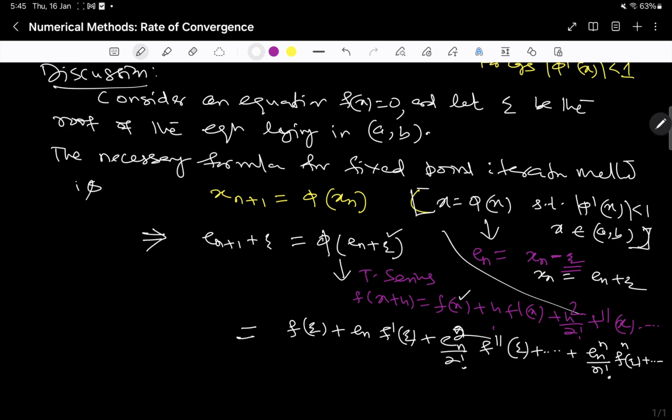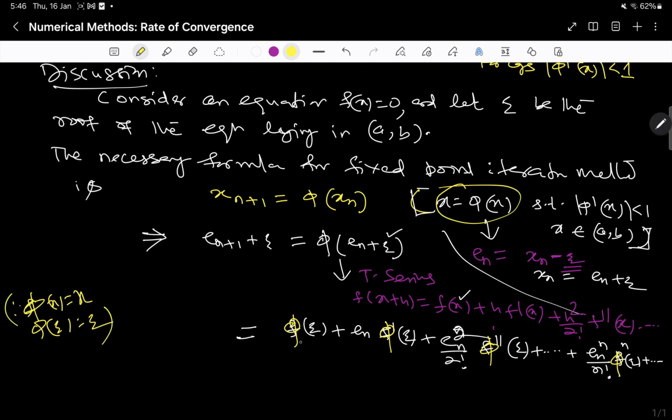Now, you know phi(x) = x, which means phi(zeta) = zeta. So zeta and zeta cancel on both sides.